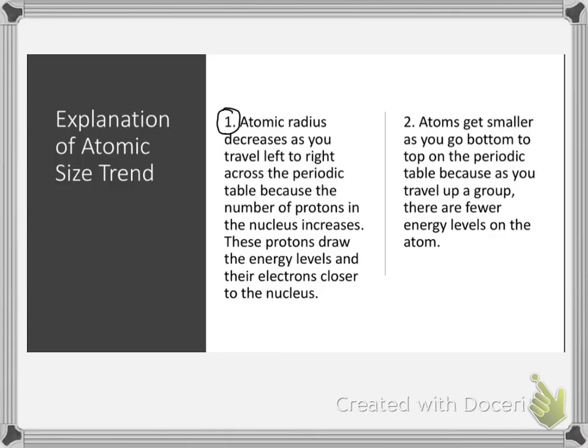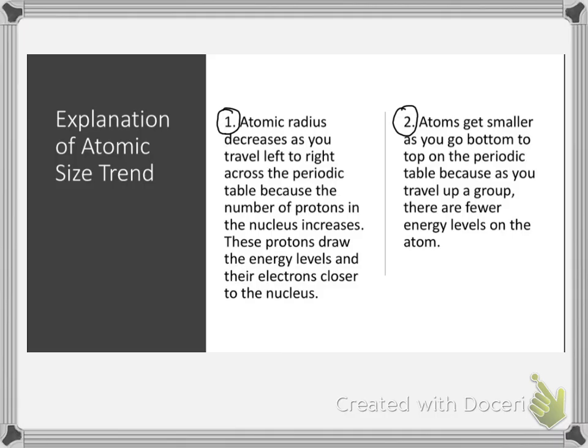Now, why do they get smaller as you go up or larger as you go down? Well, think about going down the periodic table. As you go down, you are adding energy levels to the atom, so it's like you're adding layers. I know it's not layers, but in my imagination, you're adding electrons to new layers, and so as you go down a group, it gets larger.